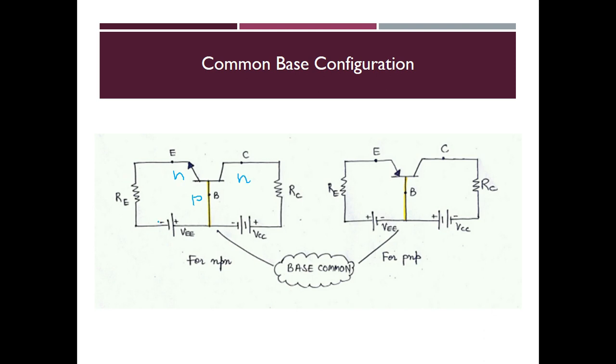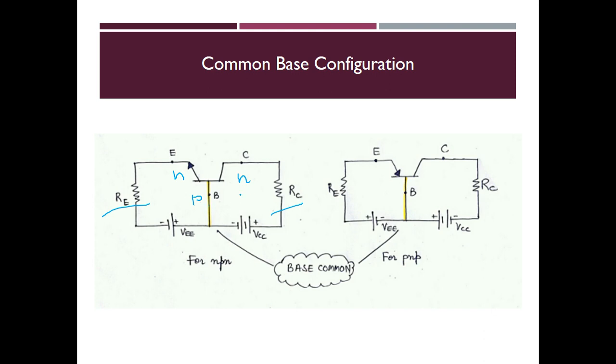If N is connected to negative polarity and P is connected to positive polarity, that is called forward bias. Similarly, if N is connected to positive polarity and P is connected to negative polarity, that is reverse bias. Always the input junction is forward biased and the output junction is reverse biased, so that we can have proper operation of a transistor, right?